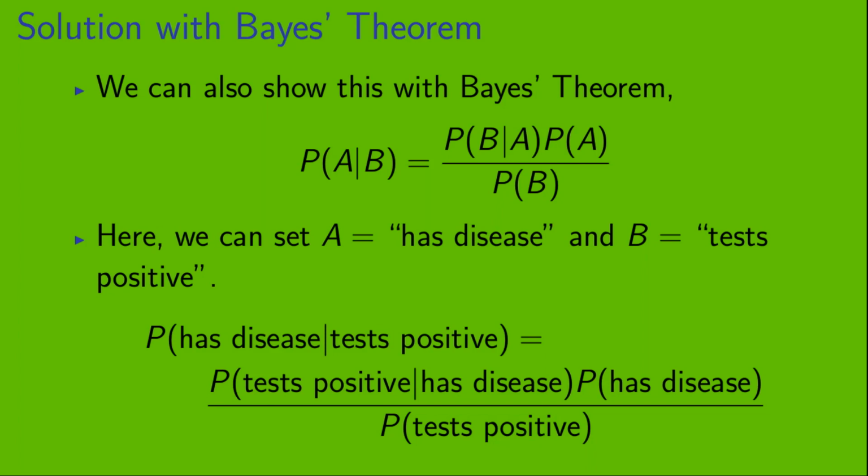So then Bayes' theorem tells us the probability that a person has the disease, given that the person tests positive, is equal to the probability that the person tests positive, given that they have the disease, times the probability that the person has the disease divided by the probability that the person tests positive.